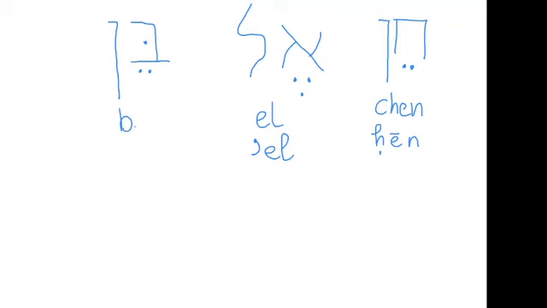This is Ben, or son, and you transliterate it with a B, an E, and an N.